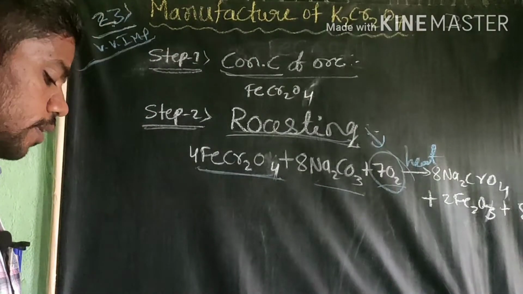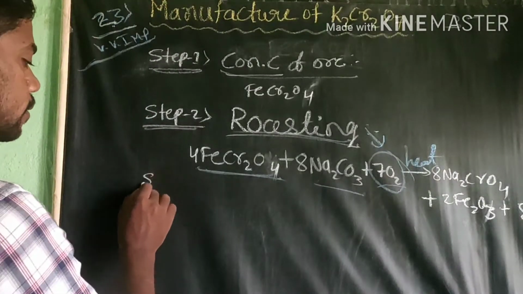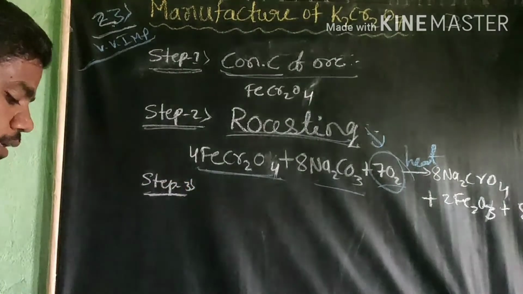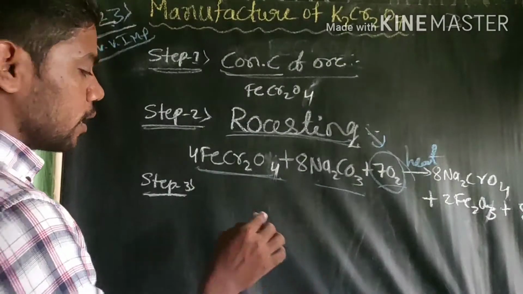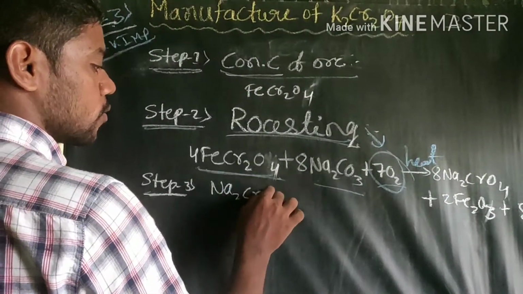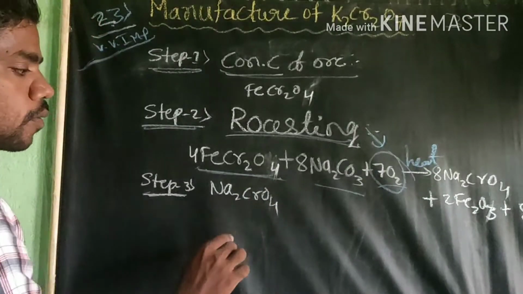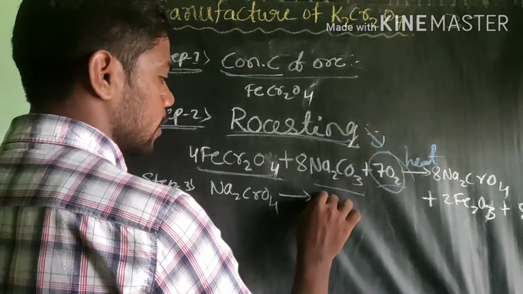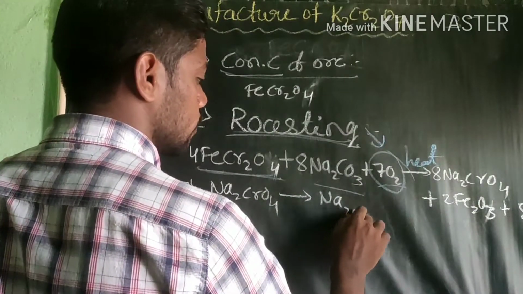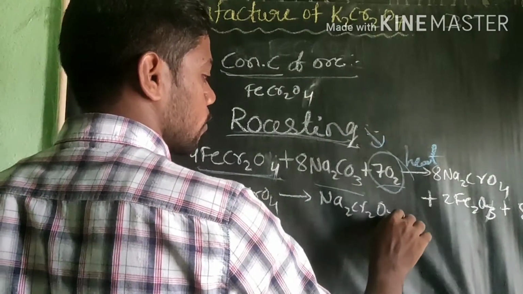Next is very important, step 3. In this step, the sodium chromate, Na2CrO4, is converted into sodium dichromate, Na2Cr2O7.